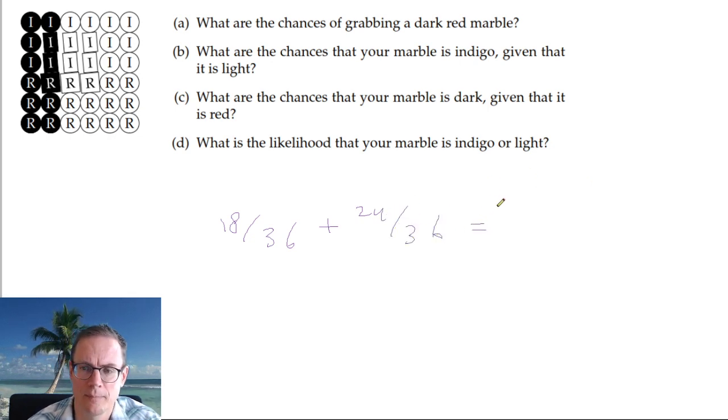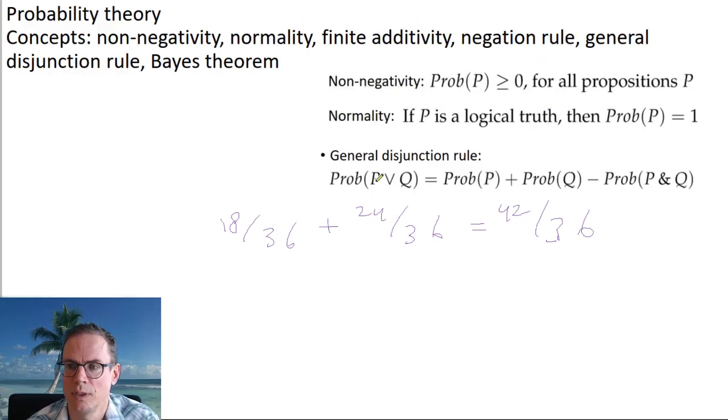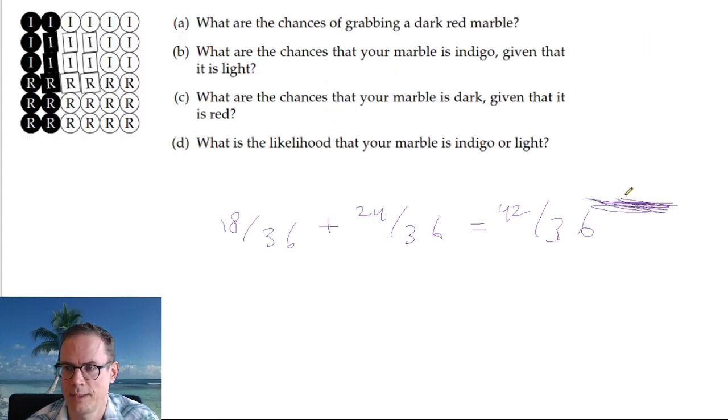And then we have 42 out of 36. What just happened? It cannot be bigger than 1. This is bigger than 1. Okay, I forgot to subtract the probability of both, right?